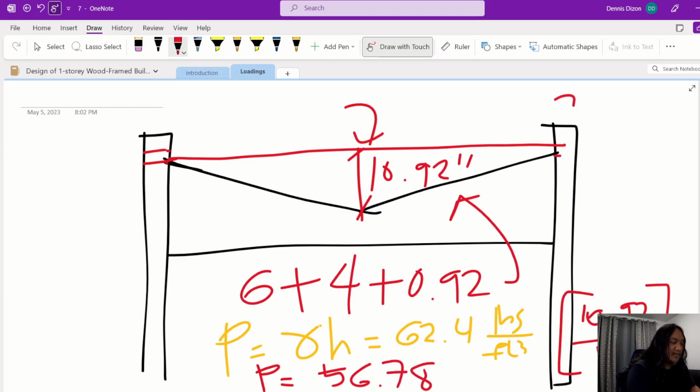And then your water pressure at the highest level is 62.4 times the height, which is 0.92 inches divided by 12, times 62.4. So your load, or your water pressure at the highest level, is 4.78 psf.